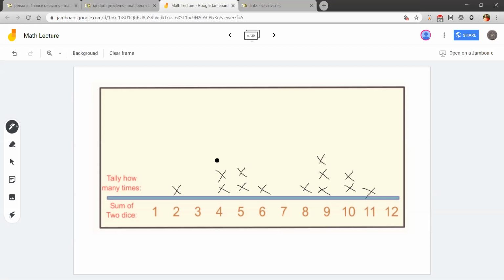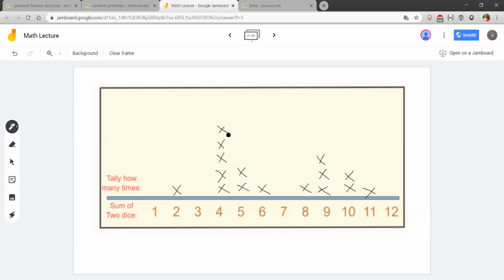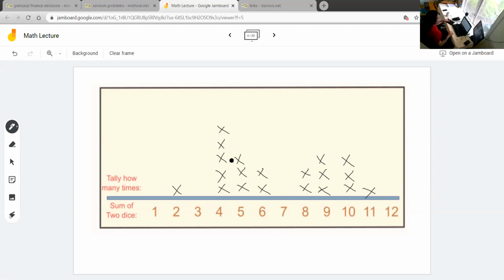Okay, and I just rolled another 4. 10. Winning. 5, 6, 6, 10. 8, another 10. Okay, I'm going to stop for now.